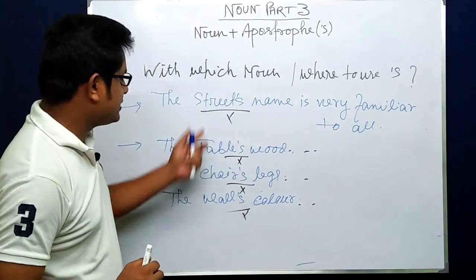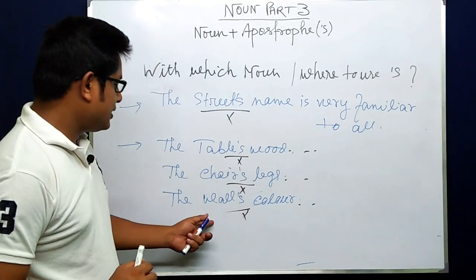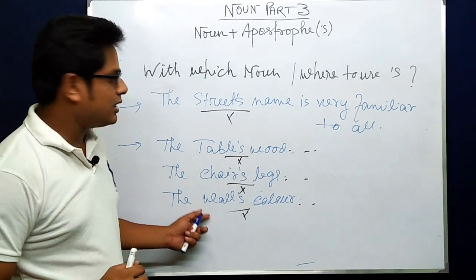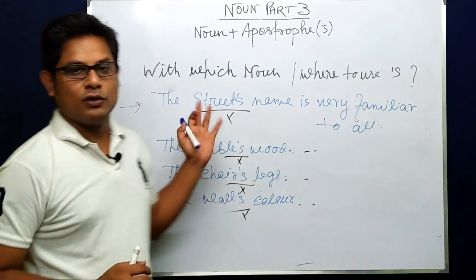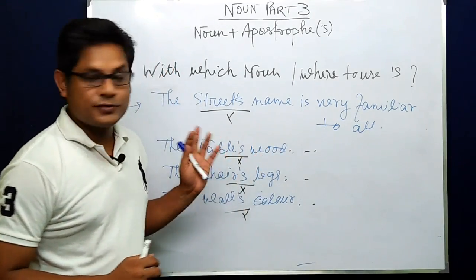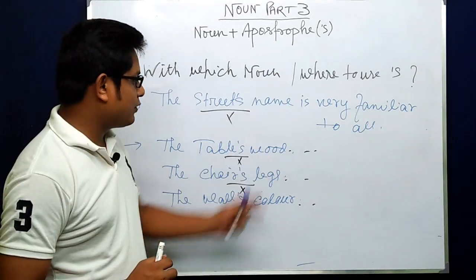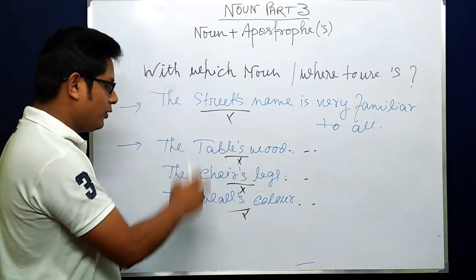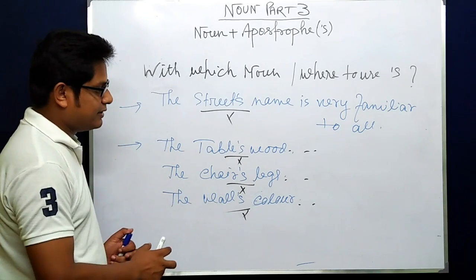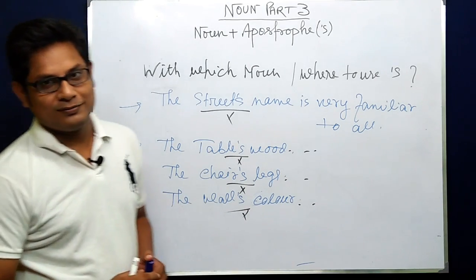Over here, street, table, chair, wall, whatever nouns I have used on this board, these all nouns are non-living. So it is strictly said that apostrophe s cannot be used with any non-living noun, right? So that's why all the sentences I have written over here are wrong.